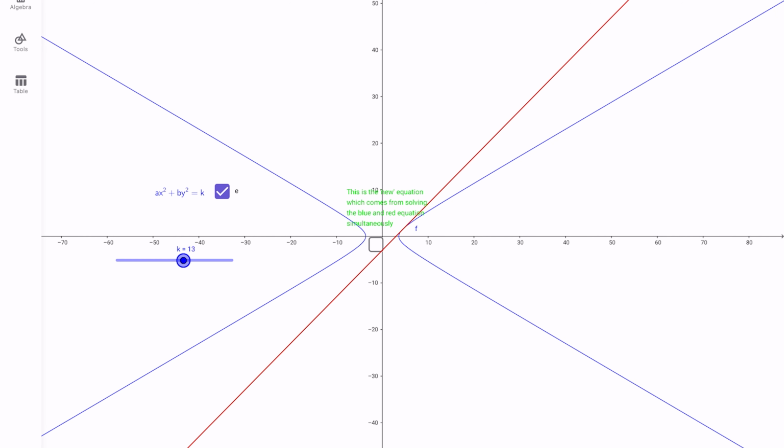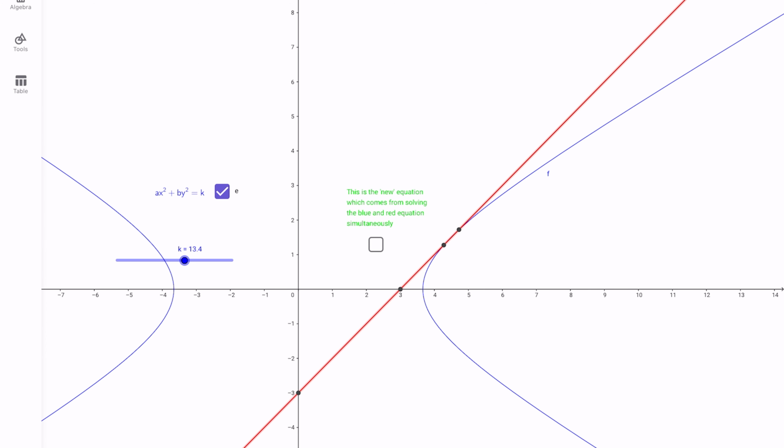So you can see it's meeting at 2 points. You can see it's clearly there, 2 points. And you can see as we make k smaller and smaller, even when we get to negative values, it's still meeting the blue curve at 2 points. So k is less than 13.5 seems like a valid solution.